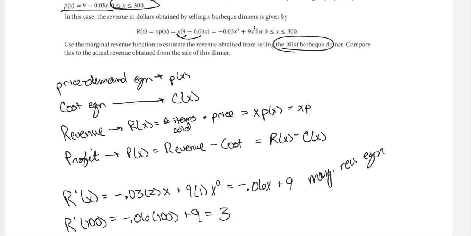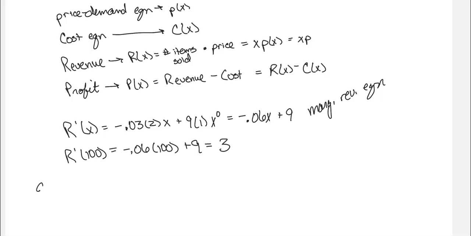So what this is saying is that the marginal revenue for producing that next barbecue dinner would be about $3. Now let's find that exact value and compare.